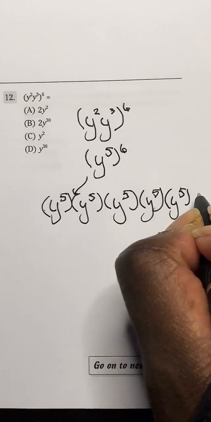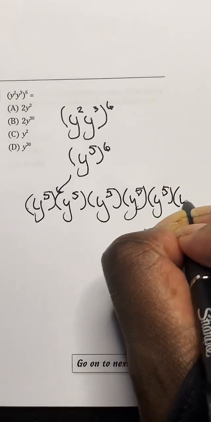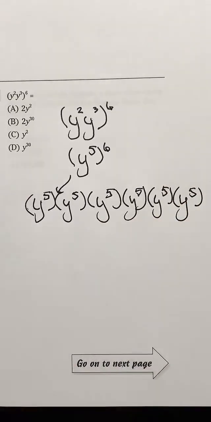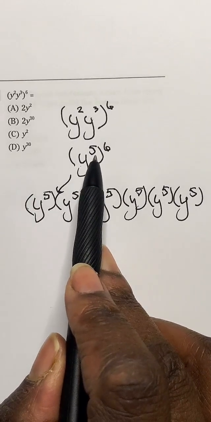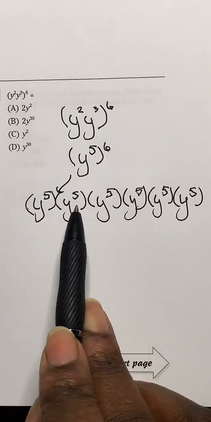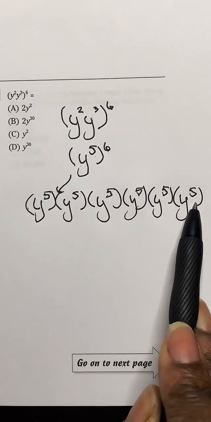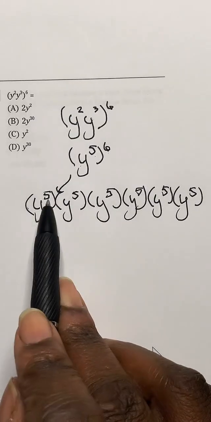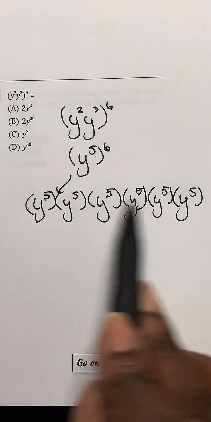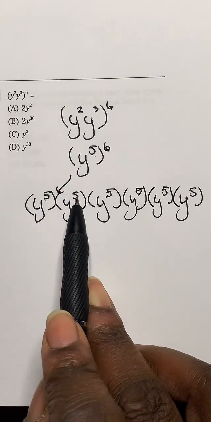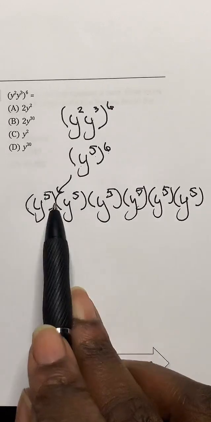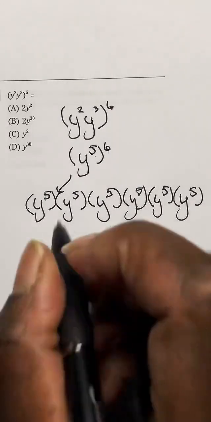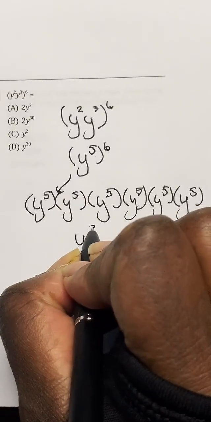So this time your base is y to the 5th, and it's being multiplied by itself 6 times. So you're going to add the exponents. 5 plus 5 gives me 10. So this is 10, this is 10, this is 10. So 10 plus 10 plus 10 will give me y to the 30th.